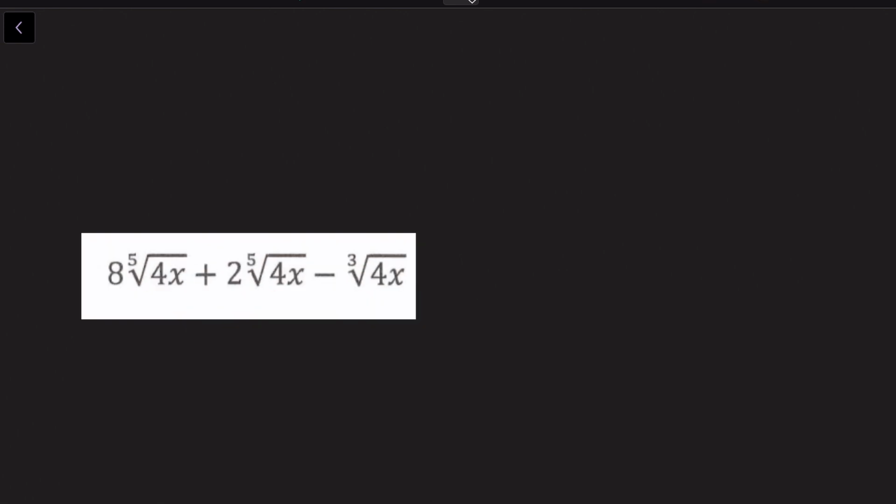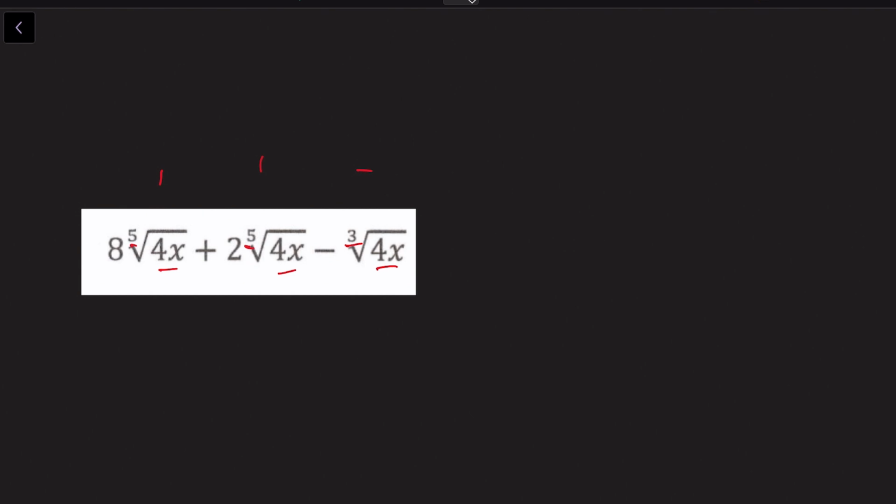Here we have 3 radicals, but the difference between these radicals is that inside of the radical we have 4x on each term, but the index is not the same on each one of our terms. So here we have a 3, here we have a 5, and here we have a 5. That means we can add the first two together, but we cannot add the last one.